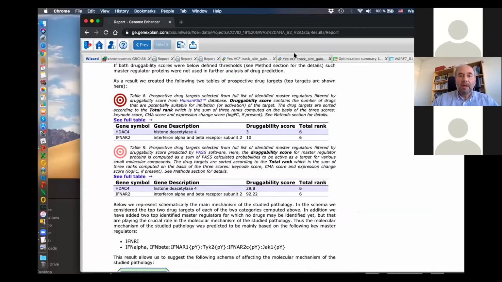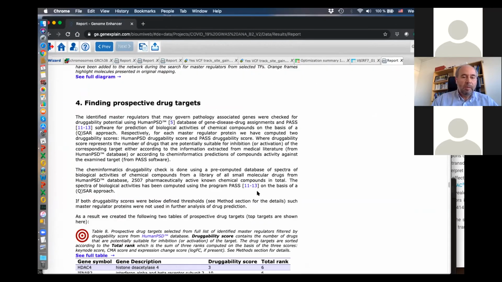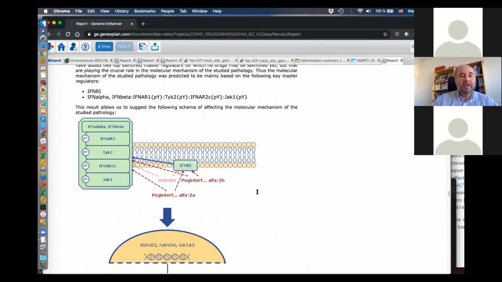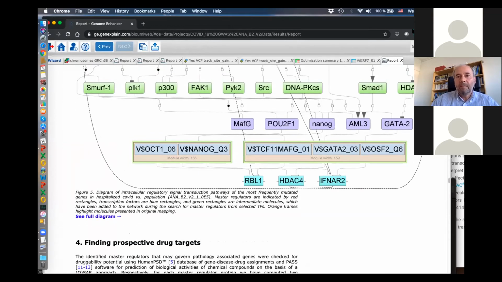Okay, but today, instead of going further to look more towards drugs which may be associated with these drug targets, as we did before when we studied gene expression data, here we are interested more in the details of the mechanism: how these genes are regulated through this SNP, and how they are regulated through the transcription factor binding sites which are affected by these SNPs.